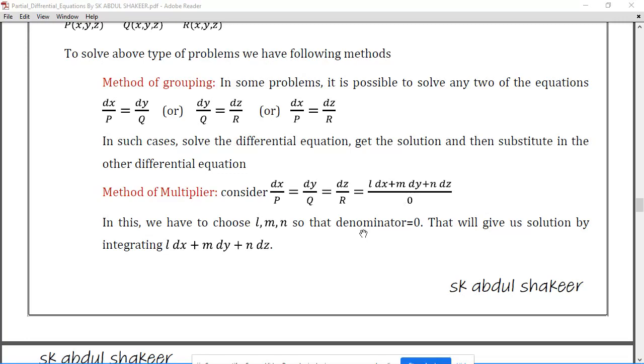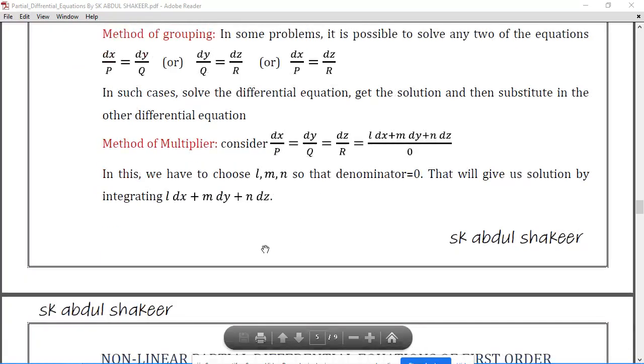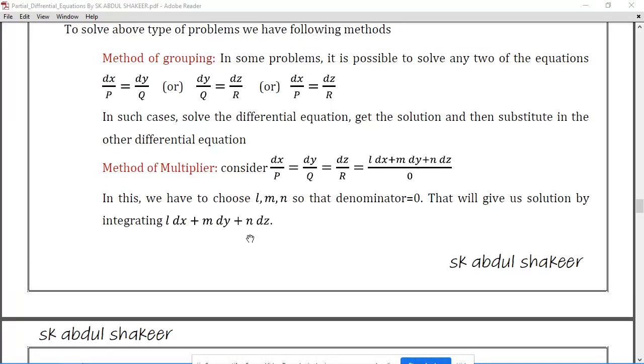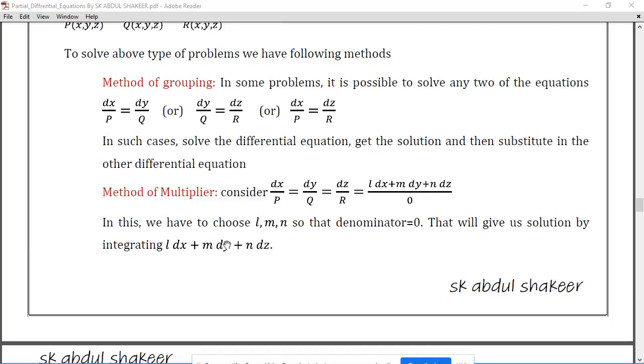We have to choose these multipliers so that the denominator should be 0. If it is 0, then we will get a solution just by integrating the numerator, that is l dx plus m dy plus n dz. It will be integrated, thus we will get the solution for the required Lagrange's linear partial differential equation.